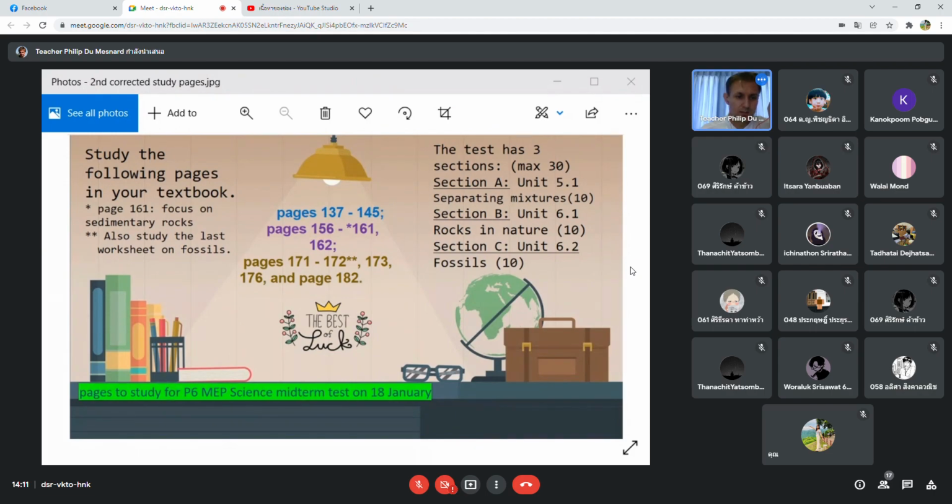P6 Science. There was one I want to show you. I think it's this one.